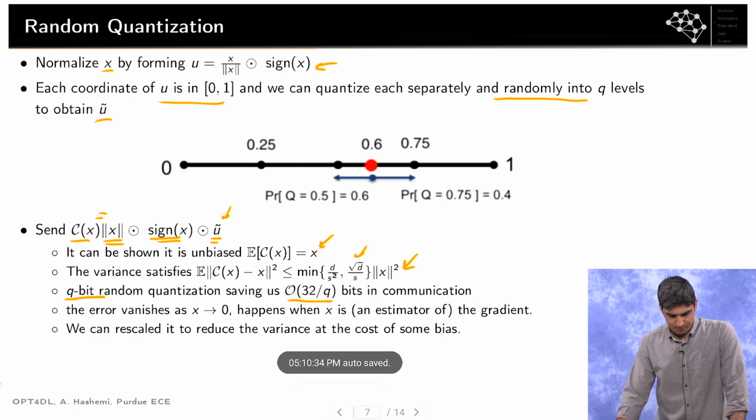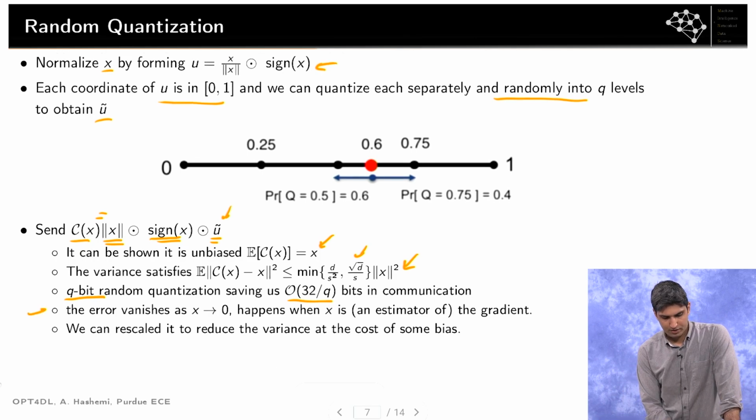Again, a nice property of this random quantization strategy is that the error depends on the norm of the signal squared. So if you are compressing the gradients, the error is expected to go to 0 as we are running our learning algorithm.